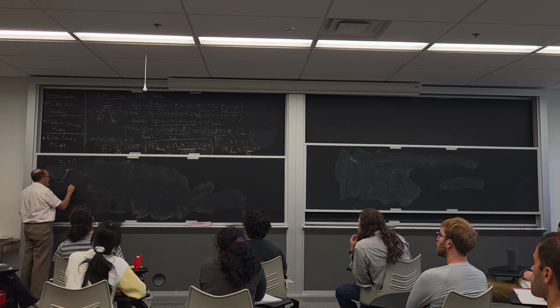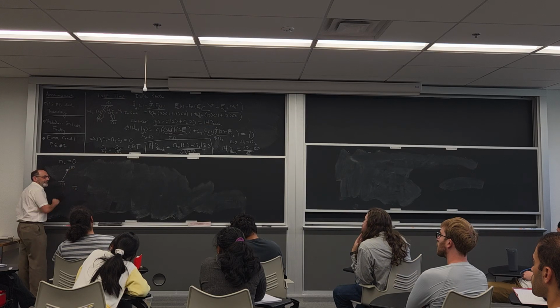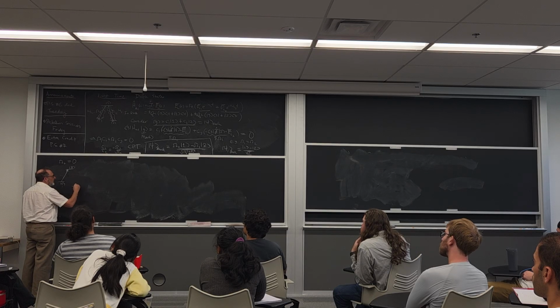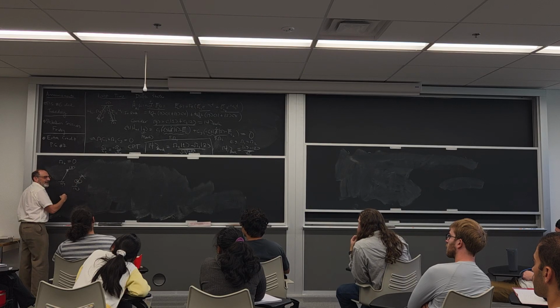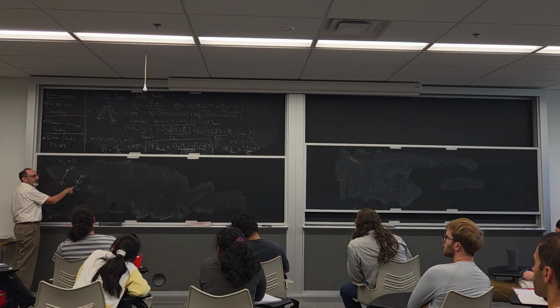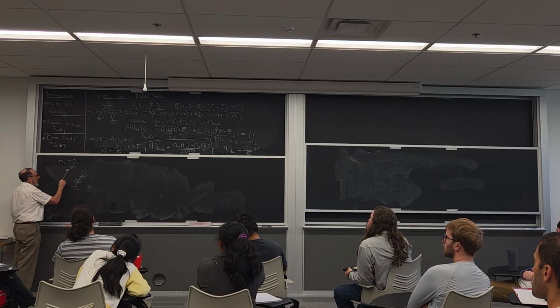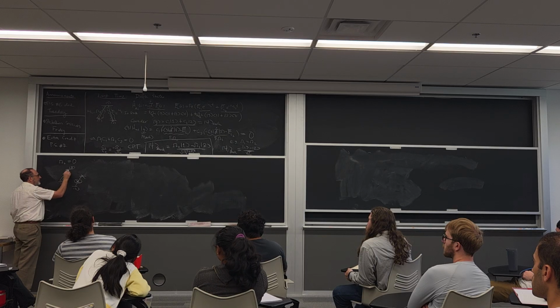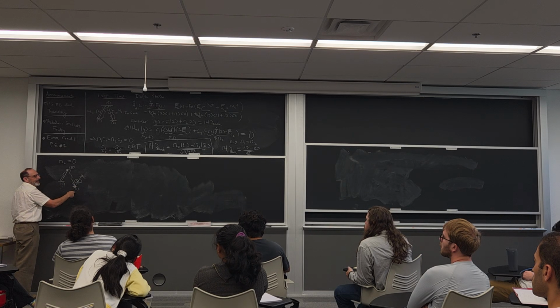If I only have this light on and I have this guy, then assuming there's no other level over here, this guy, if it's here, will not absorb any photons. And so eventually, through a cycle, at the end of the day, all the population will be here, and this state is the dark state.